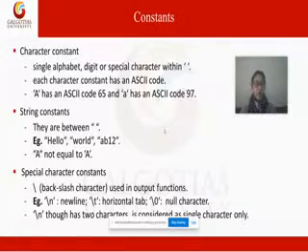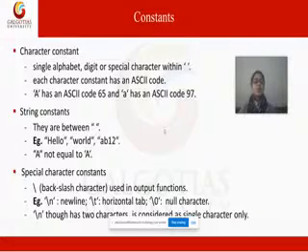So a capital A has a set ASCII code, which is 65. Small a has a different code, which is 97. Why is this happening? Because C is a case sensitive language, and capital A is going to be treated differently from small a. So they have different codes.